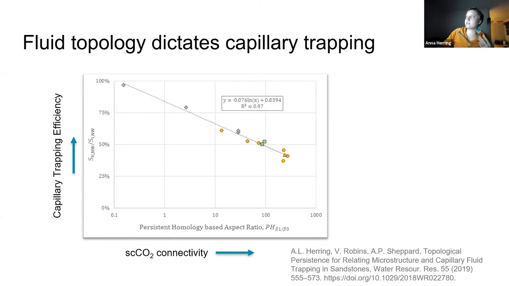And then we can show that if you inject the CO2 in such a way that it's very well interconnected, once water comes back into the rock and mobilizes some of the CO2 away, we end up with very low levels of capillary trapping. But if you can inject the CO2 in such a way that it's very disconnected when you first do the first injection, then most of that CO2 will in fact be capillary trapped even after you do a subsequent brine flooding process.